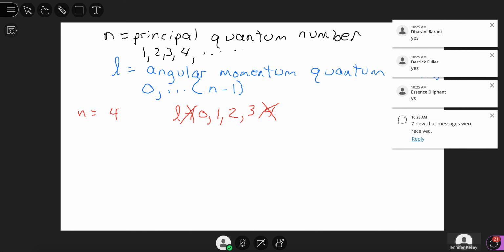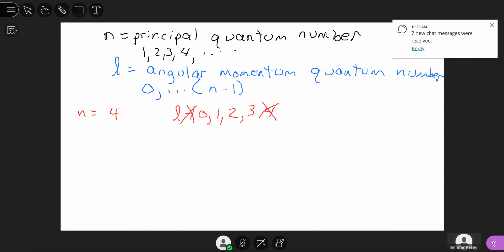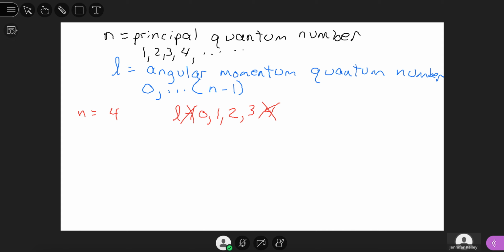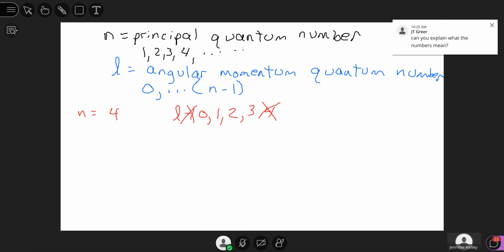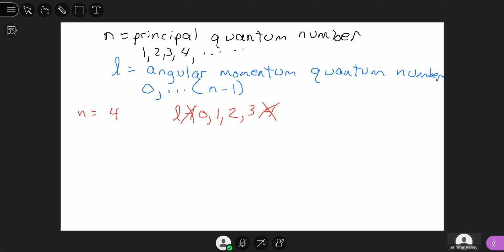All right. And with the angular momentum quantum number and the magnetic quantum number and all those kinds of things, it's referring to different characteristics of the way the electron rotates around the nucleus and its direction in space. So they act as if they spin, but they don't know for sure that they spin, but they act like they spin.